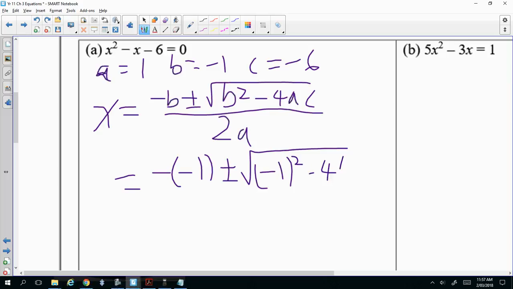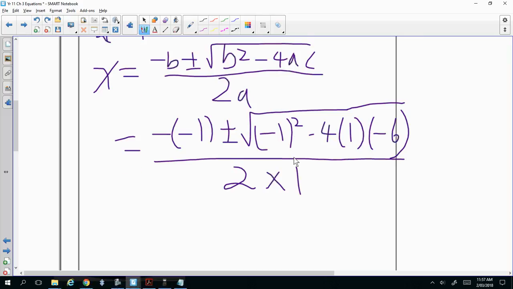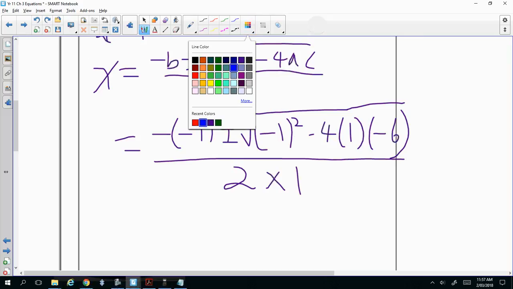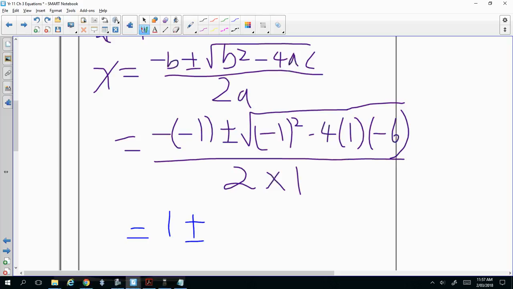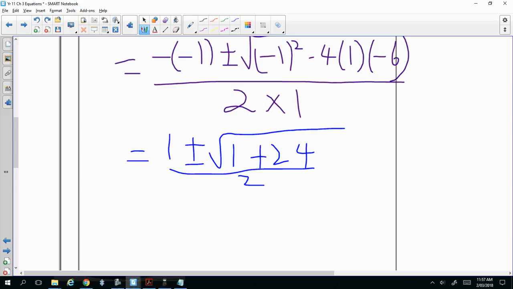So set it out like that before you do it, which now becomes positive 1 plus or minus 1 double minus is plus 24 over 2. And then we can write square root of 25, and square root of 25 is 5. Right?